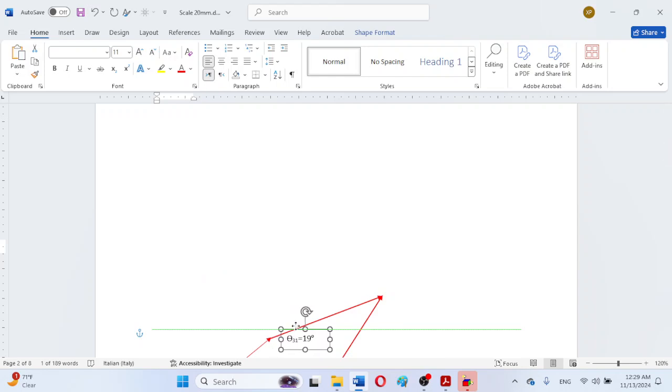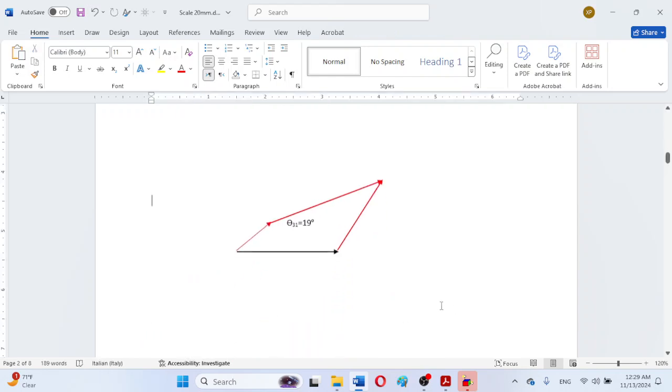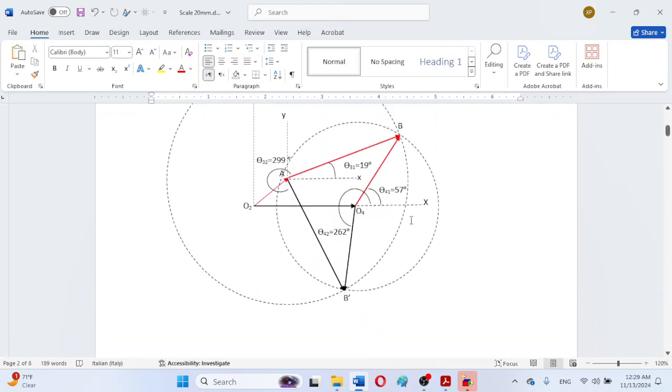This is theta 3, and in this way, for example this theta 4, we can just copy.